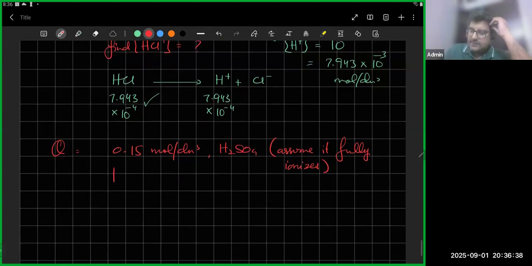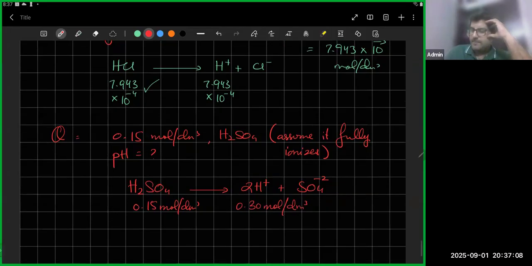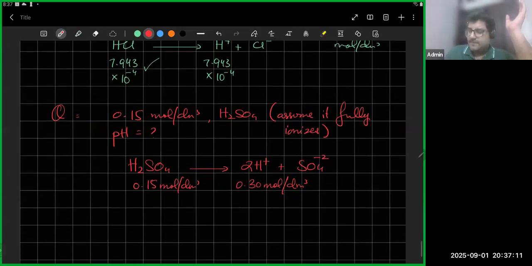They're asking us to figure out what the pH is. Sulfuric acid fully ionizes, and if this is 0.15 mole per dm cube, then this would double, so it's going to be 0.30 mole per dm cube, assuming it fully ionizes.